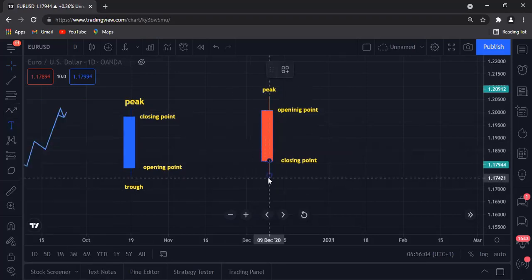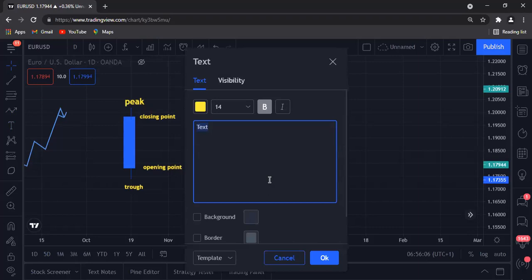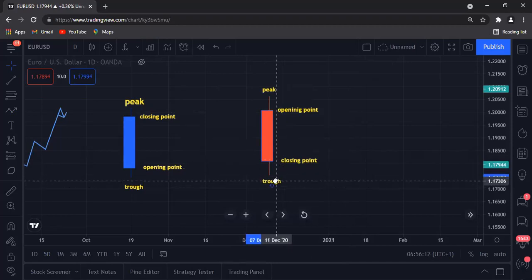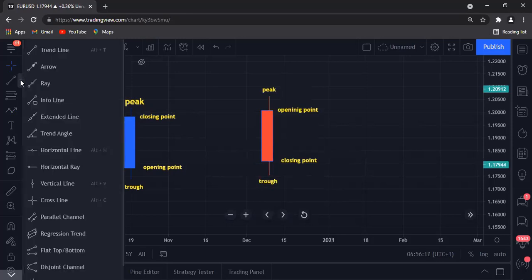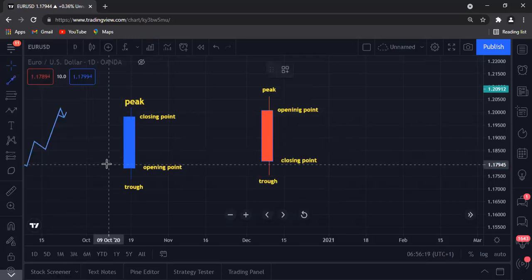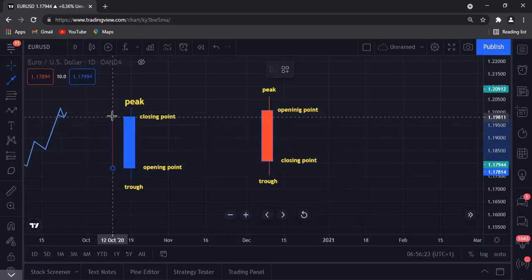Okay. So the bullish goes in this form. This is for the bullish. It opens here, closes here.